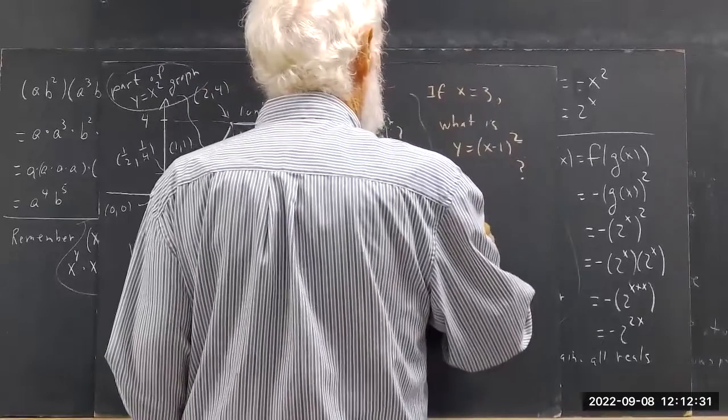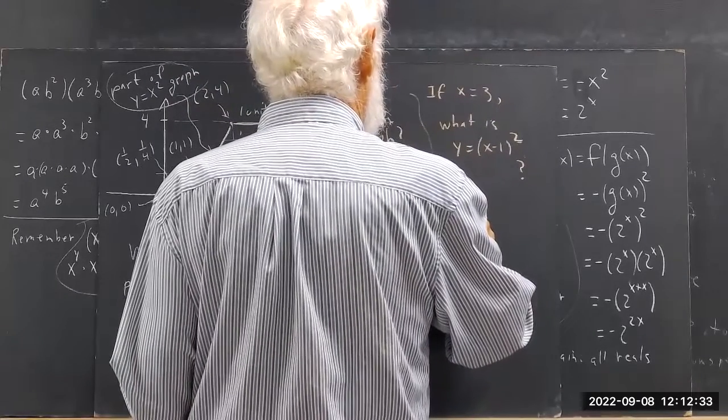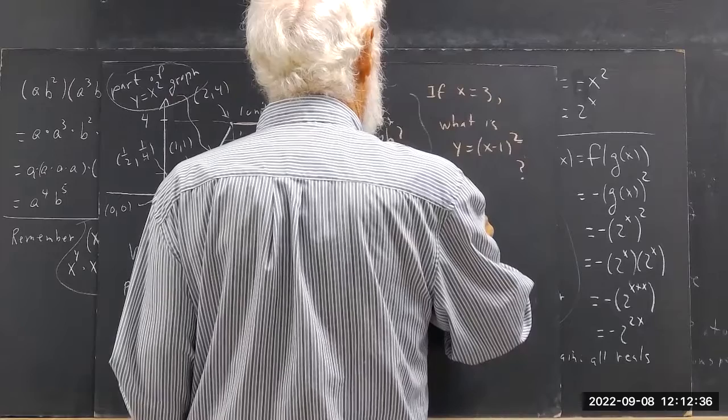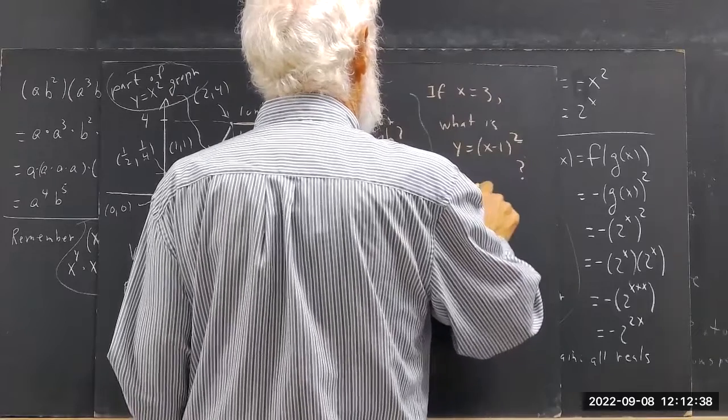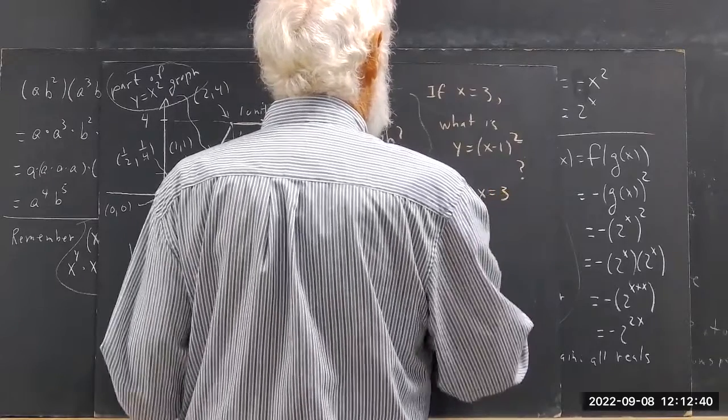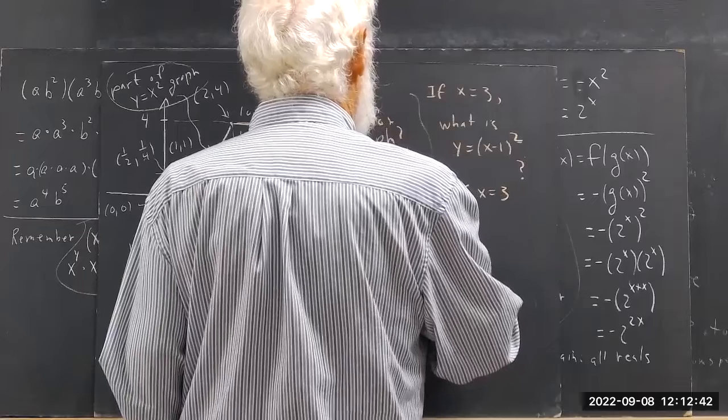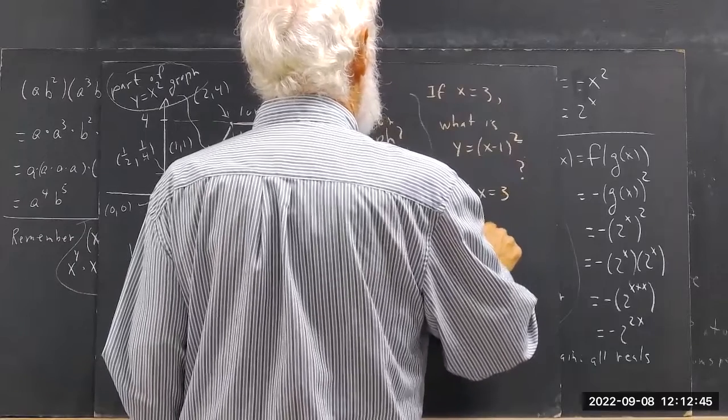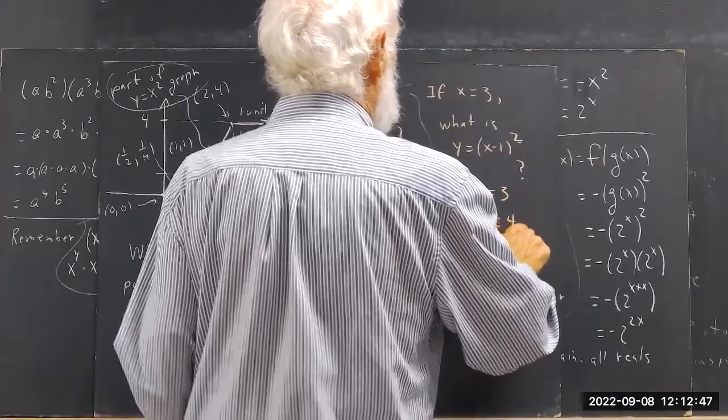Write it out in a complete statement. If x equals 3, y equals 3 minus 1 squared, which is 4.